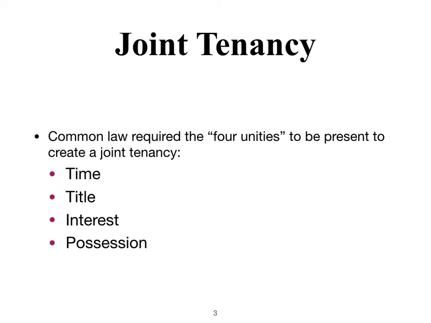They must also have an equal right to possess, use, and enjoy the whole property. So there can't be any limitations on possession. So if you don't have any one of these four unities, then you have tenants in common. But if you have these four unities, you have joint tenancy, and then you'd have the right of survivorship.